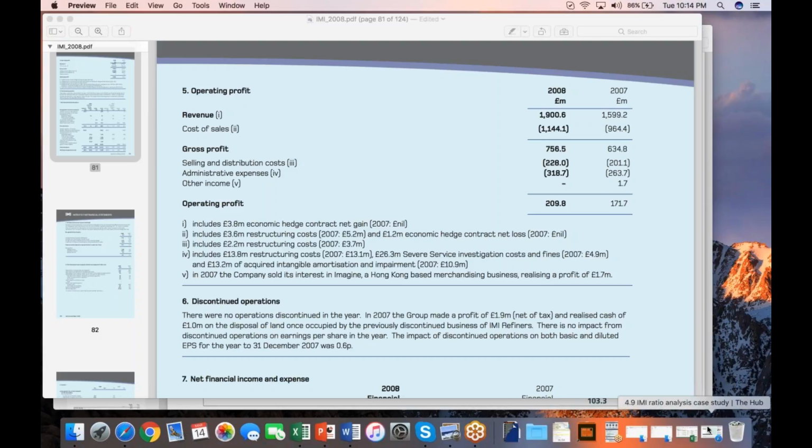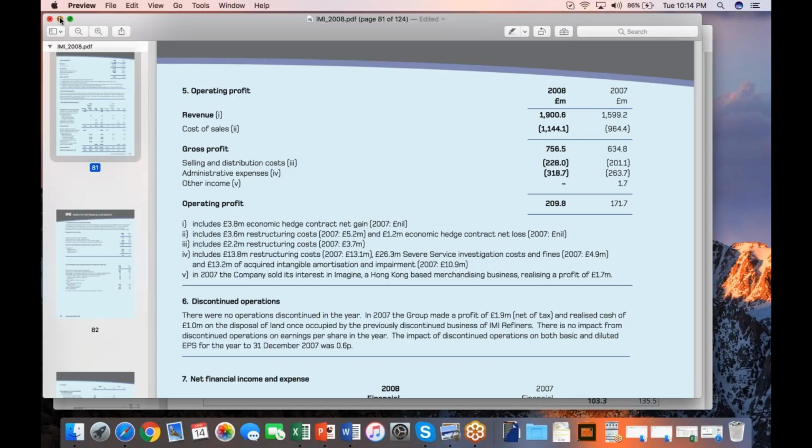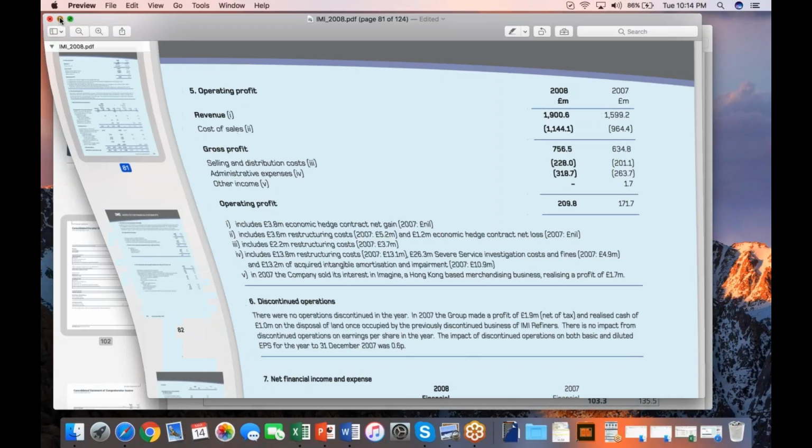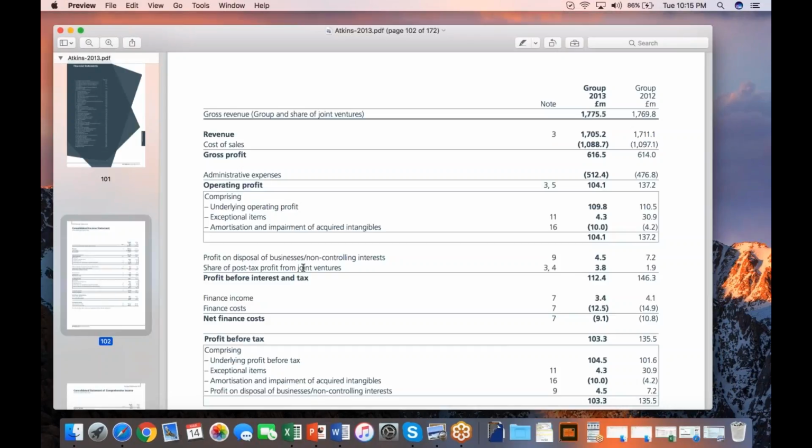Now if I go back to my company Atkins, it is saying profit on the disposal of business and non-controlling interest and share of post-tax profit from joint ventures.